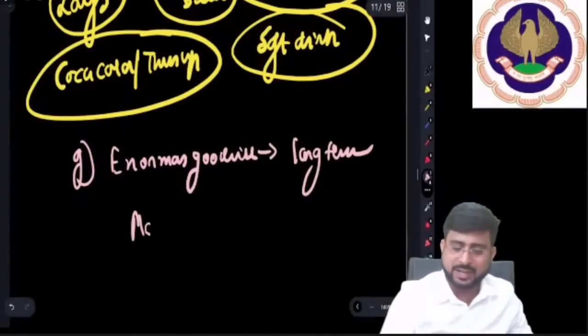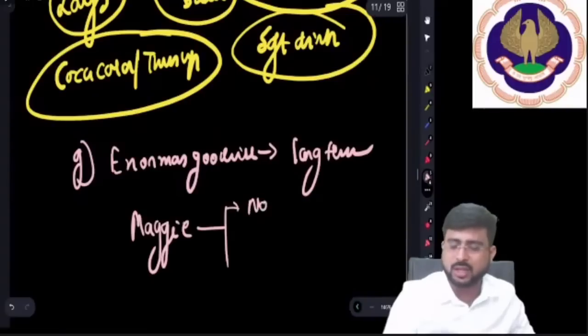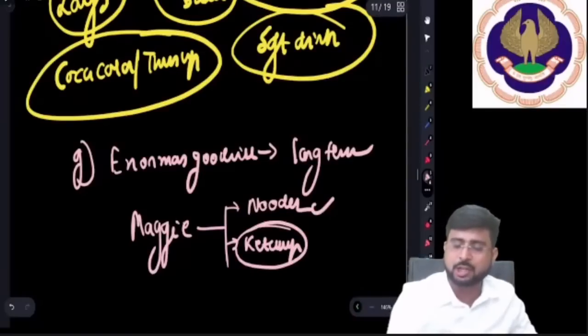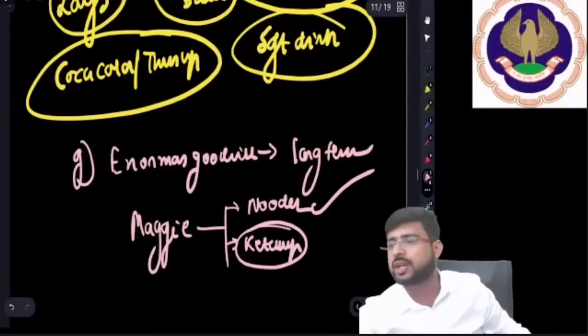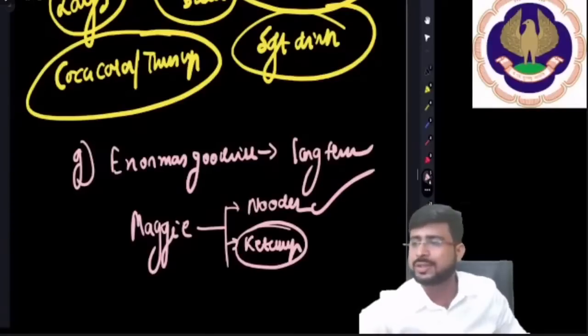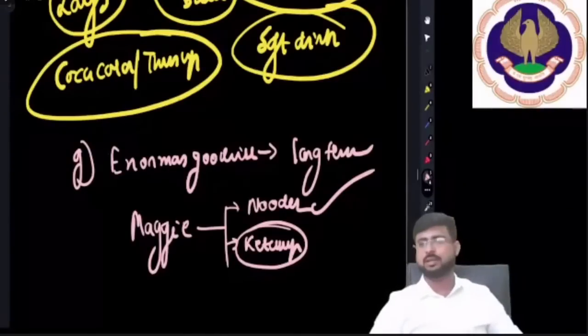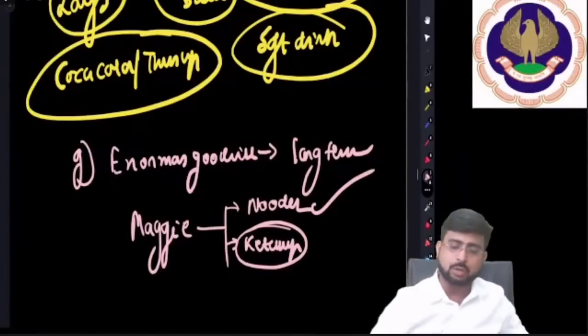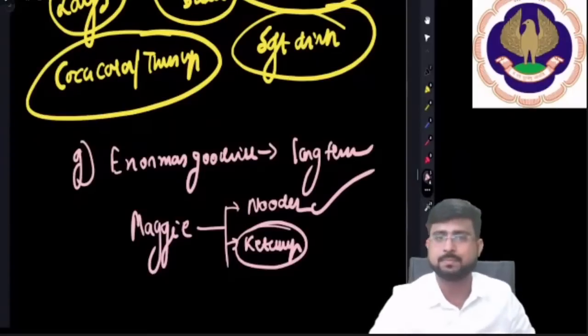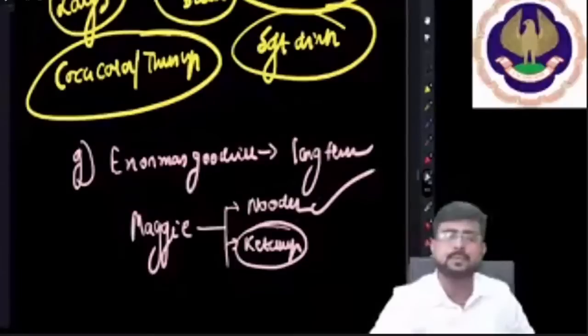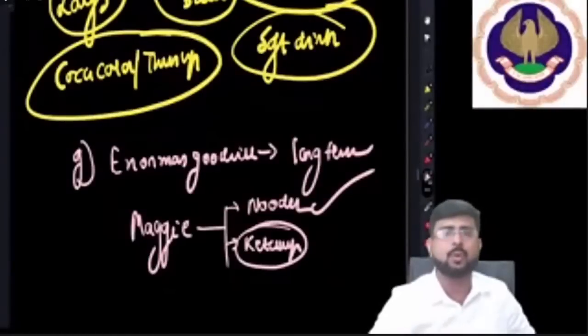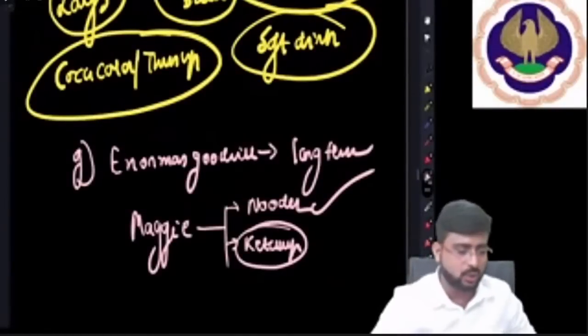The brand name Maggie is not only selling noodles. Today it is able to sell ketchup and all those things. So they are able to enter this market and do well even in the ketchup market because of the great image they enjoyed in the noodles market, the goodwill that they were able to command in the noodles market. Oh, got it, sir.